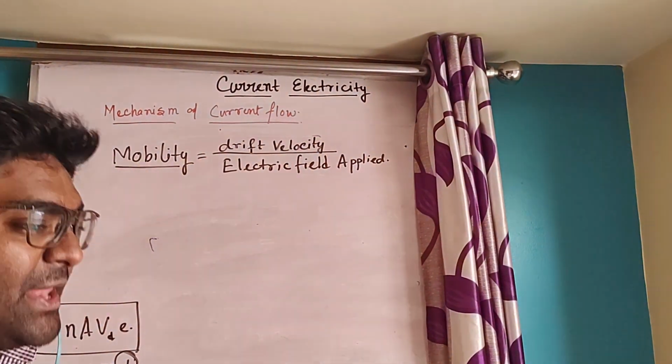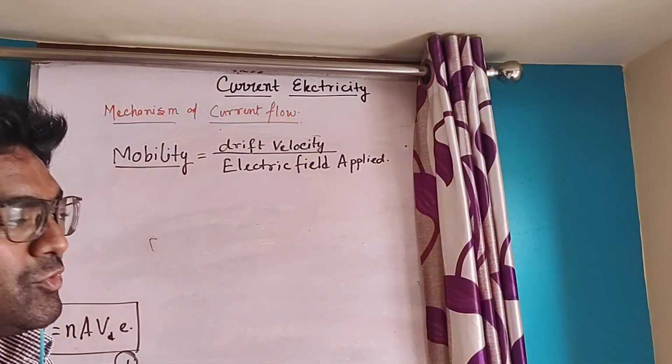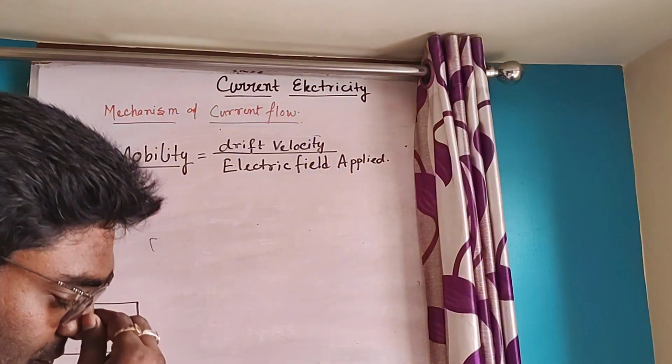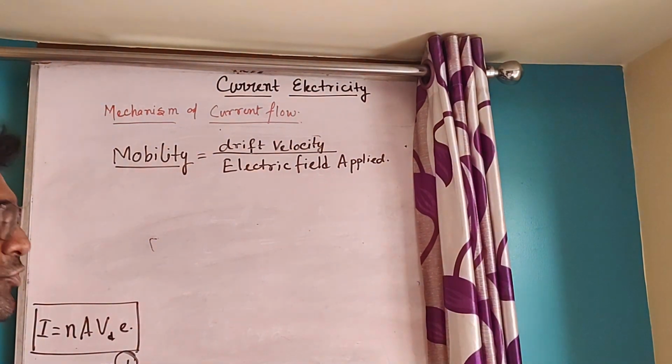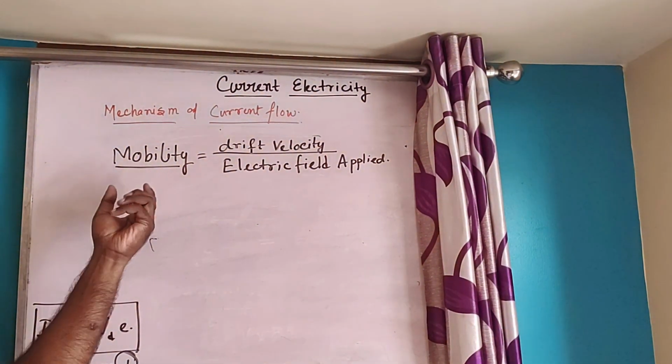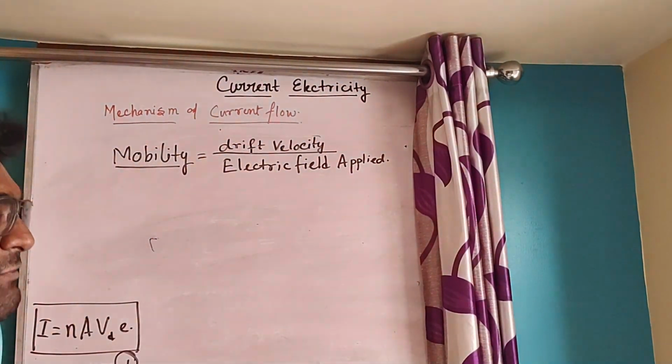Mobility means ability to move. Obviously, mobility means ability to move. So an electron will have the ability to move, and this ability is defined by mobility. That is drift velocity by electric field applied.